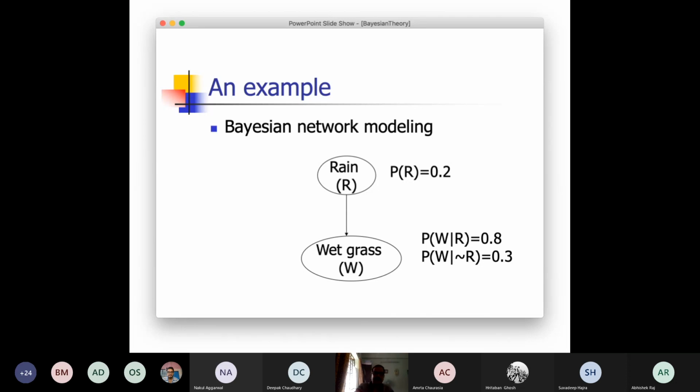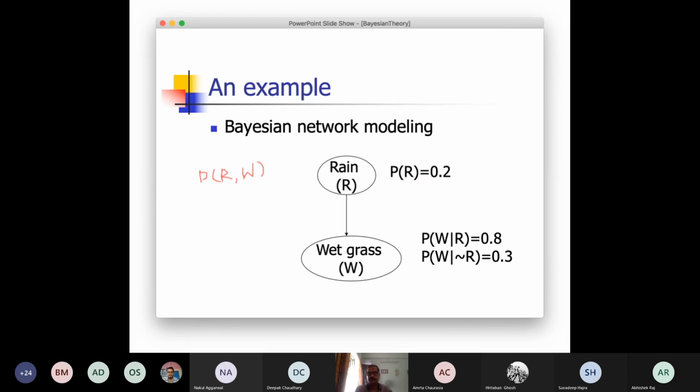So let me give you one example, so other things would be clear to you. Suppose I want to compute the probability of R and W. What should be there?